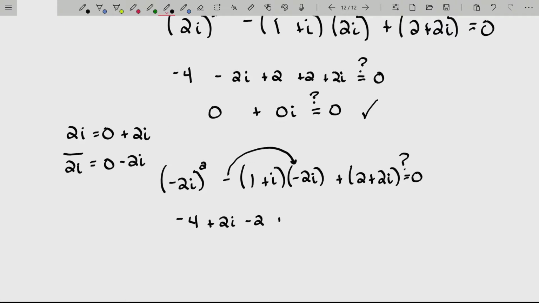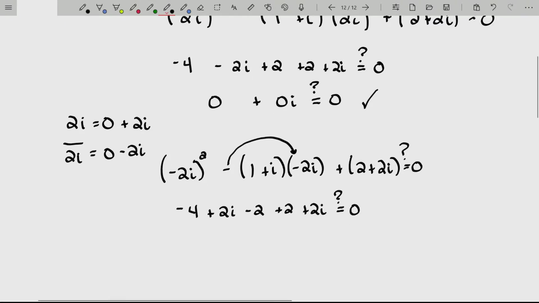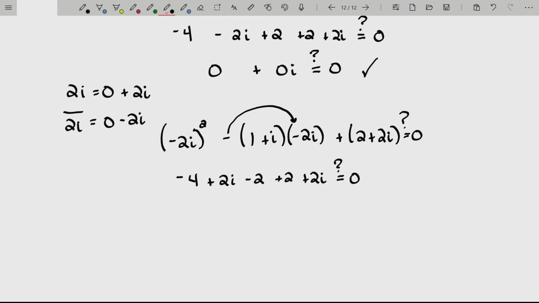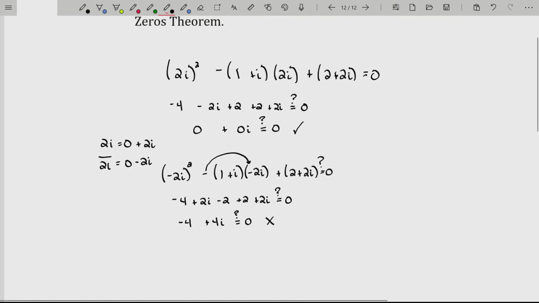Okay, so far, so good. And then plus 2 plus 2i. Again, we're asking, is that 0? Negative 4 minus 2 plus 2 is a negative 4. 2i plus 2i is a positive 4i. Is that equal to 0? Well, I think you all agree it's not equal to 0.